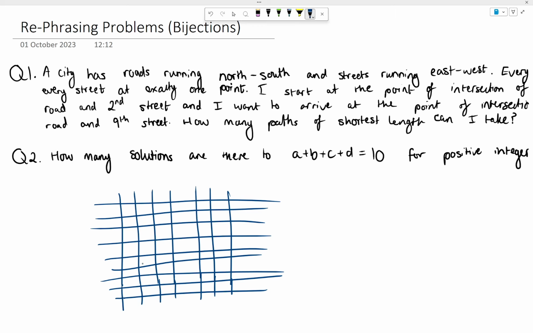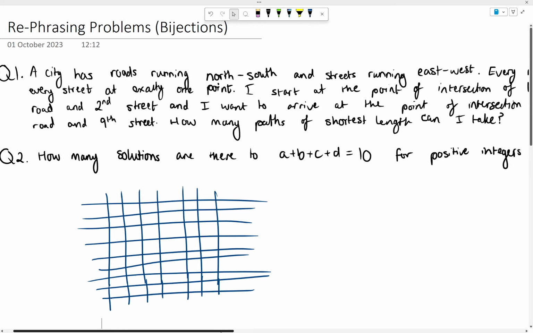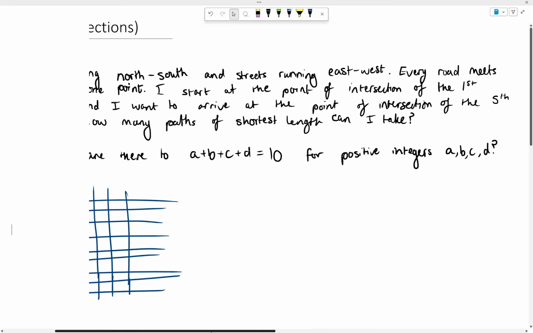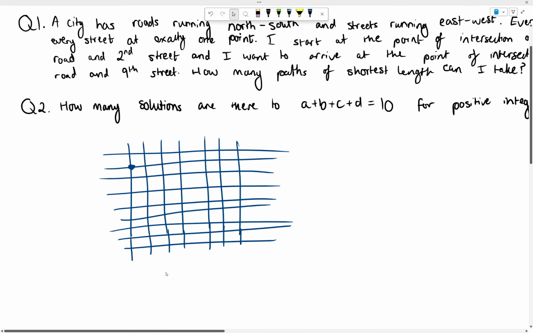So it says that I start at the first road and the second street. So the first road and second street is here, and I want to end up at the 5th road and the 9th street.